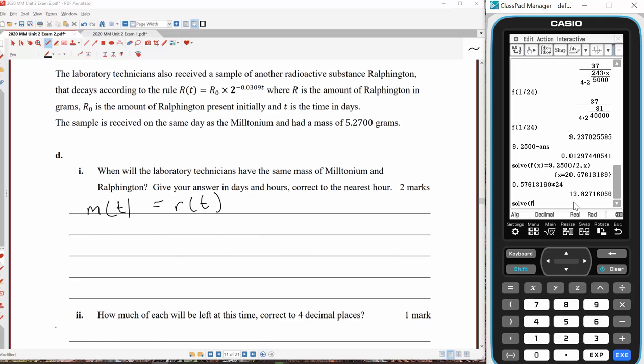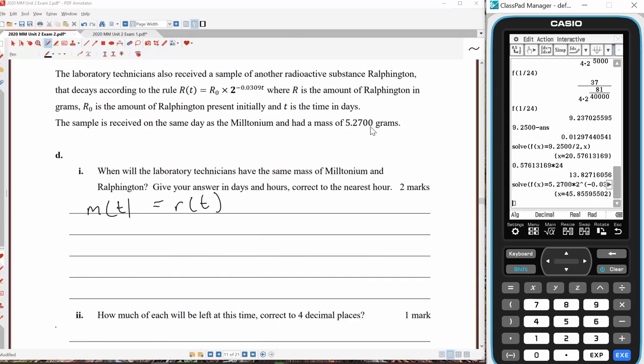On the calc, solve f of x equals that, with the initial value 5.2700 times 2 to the power of negative 0.0309 x, comma x.